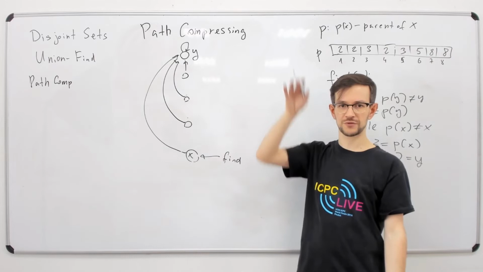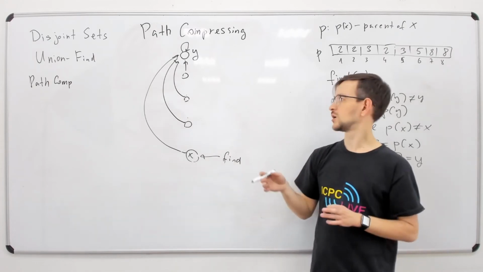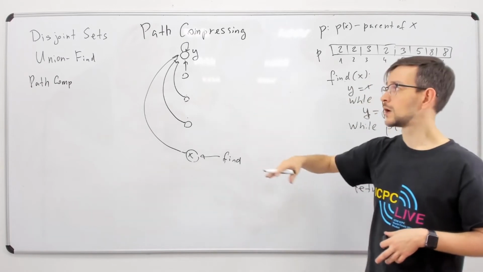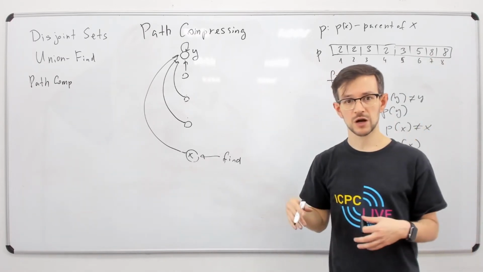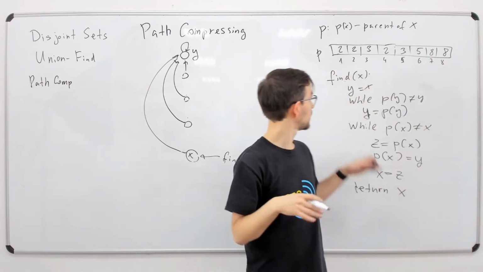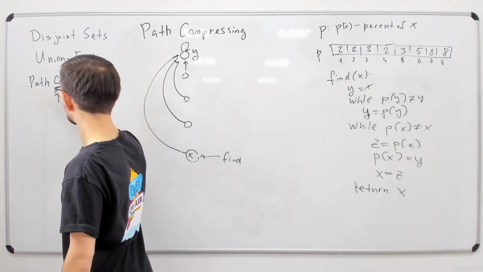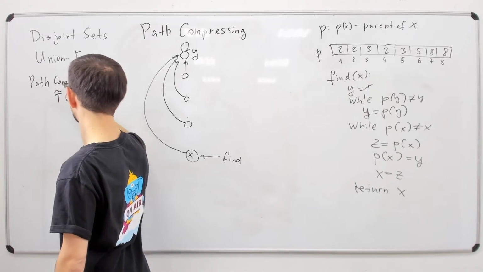So you may have these long bamboo trees, but you always make path compression. So this heuristic alone will give you logarithm time for the find operation. So the amortized time of this find will be log n.